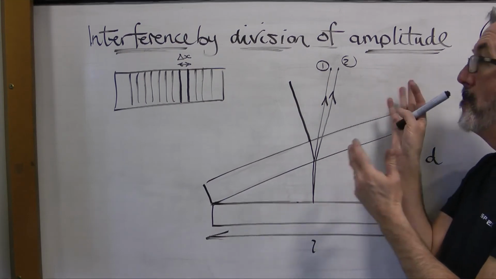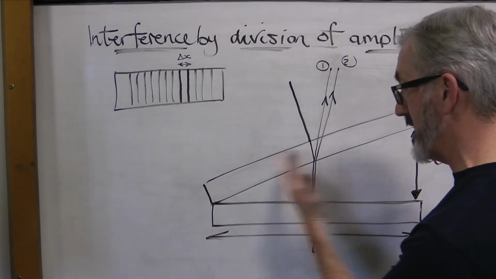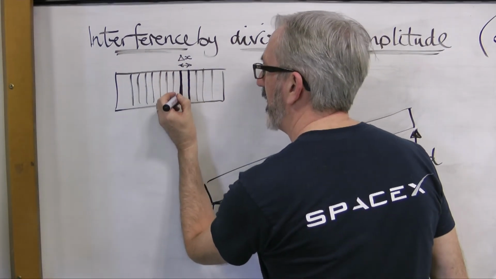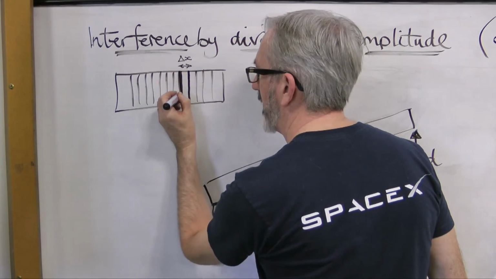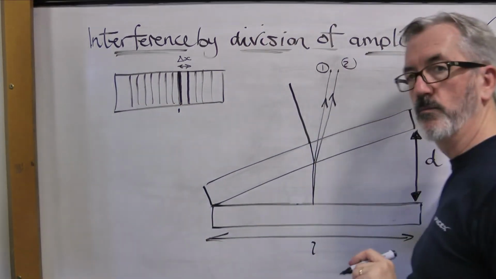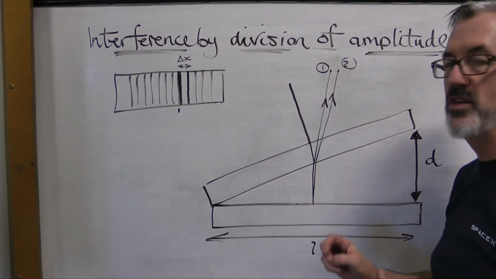That interference might be constructive or it might be destructive interference. It depends where you are in the air wedge. Let's assume that we are at that bright spot there, a bright line we see. So what that means is ray number 1 and ray number 2 are interfering with each other constructively.